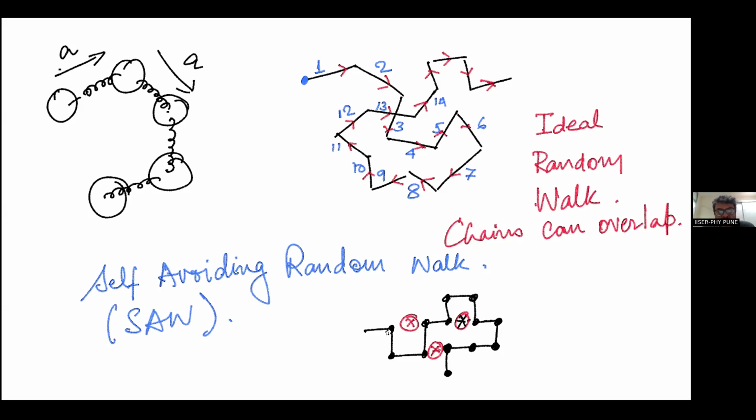If these bonds were sitting on a lattice, in an ideal random walk this bond could sit both here or go there. But in a self-avoiding random walk, if this bond was sitting here, then this monomer and this monomer would sit on top of each other. In reality, two monomers, which are made up of electrons and atoms and so on, cannot sit on top of each other. Hence, it is a self-avoiding random walk.